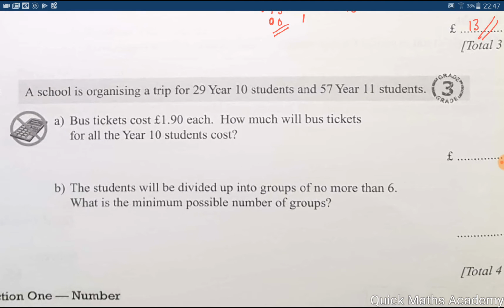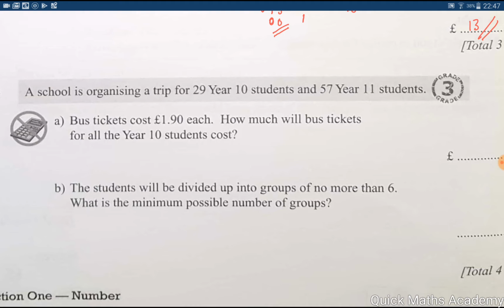The school is organizing a trip for 29 year 10 students and 57 year 11 students. Bus tickets cost £190 each. How much will bus tickets for all the year 10 students cost?